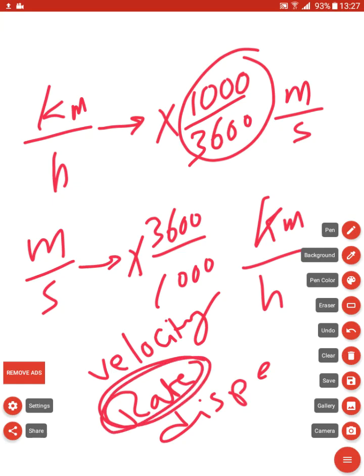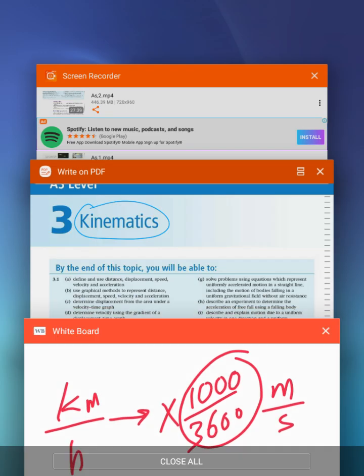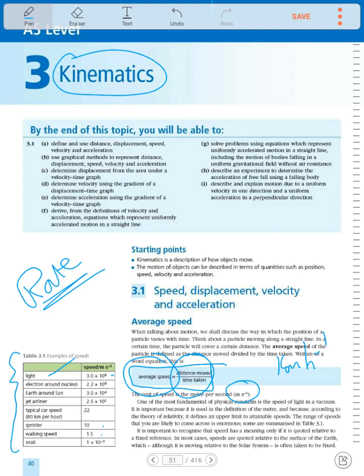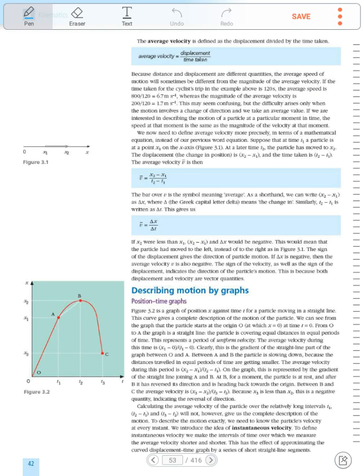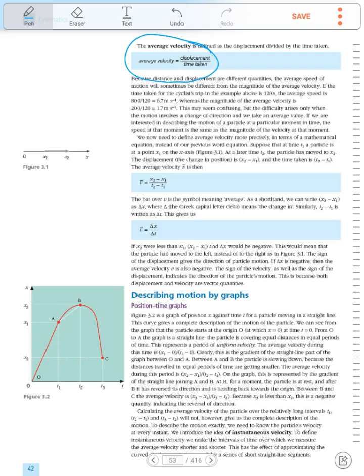Rate means per unit time. No need to write the rate of change in displacement per unit time, because in this way you put time twice. You just write rate of change in displacement, and that's all. Now, the average velocity, as I mentioned, is the displacement over time taken.